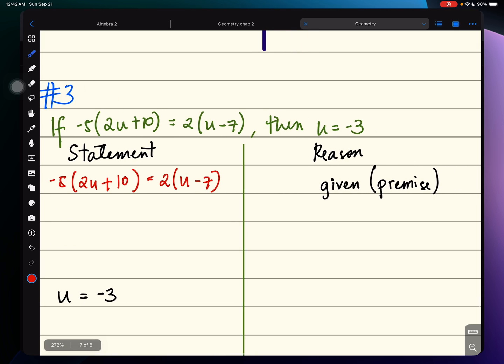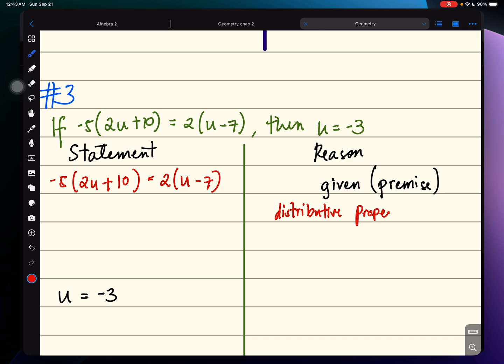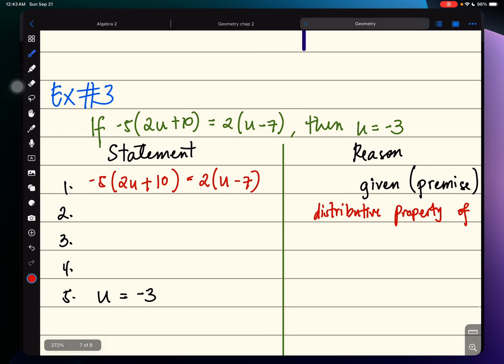Awesome. So that will become the distributive property of equality. So simply distribute -5 inside the parentheses and also 2 inside the parentheses. So it will become -10u minus 50 equals 2u minus 14.